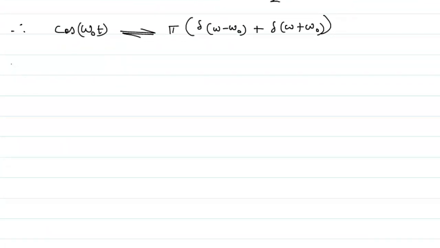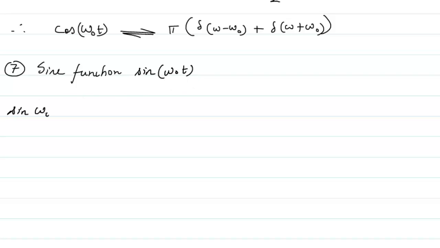Next we will see the case of sine. The 7th one is the sine function, sine omega naught t, and we know that sine omega naught t can be written as e raised to power j omega naught t minus e raised to power minus j omega naught t, divided by 2j.